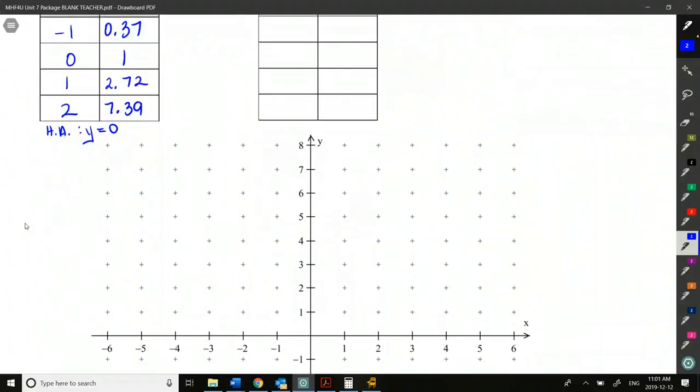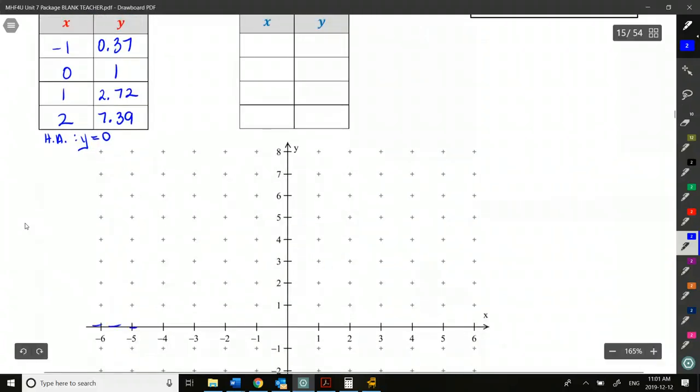Okay, so let's graph that. Start there. All right, so there's y equals e to the x.